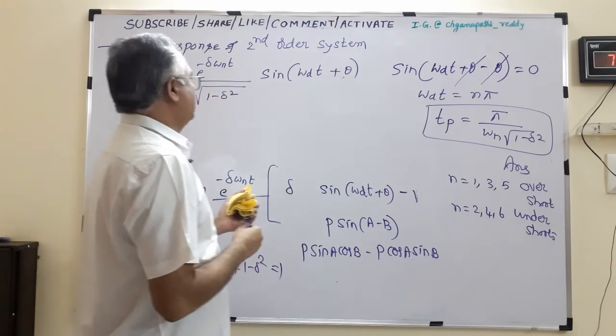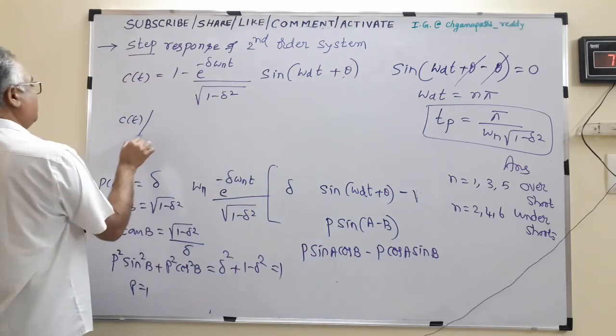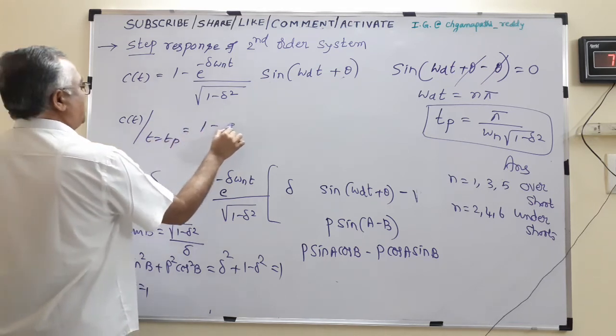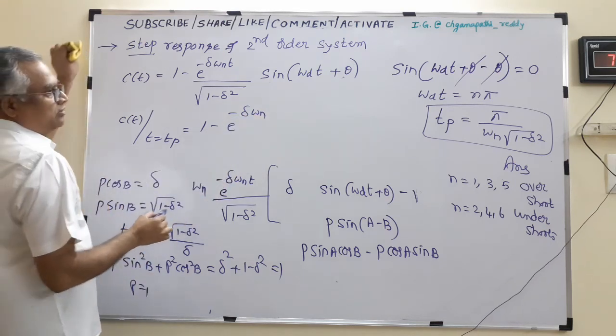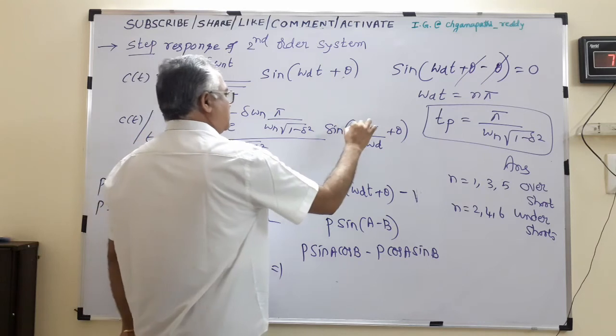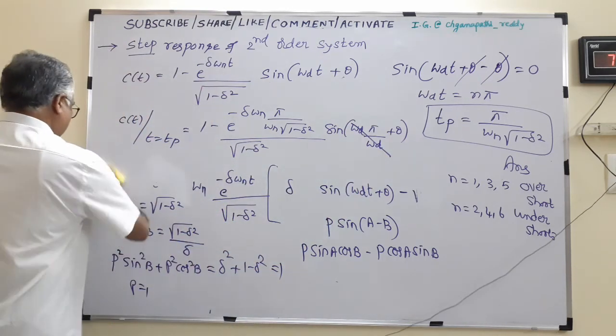But what is that maximum value? C of t at t equal to Tp. 1 minus e power minus delta omega n t. So this cancels.